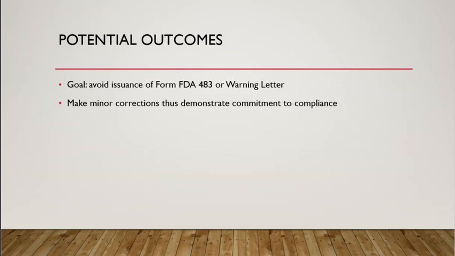We don't want to be fooling around with FDA inspectors. We want to demonstrate our commitment to compliance. That 483 that I mentioned will detail the observations, and these will be critical observations that earned a mention and issuance of a formal document.